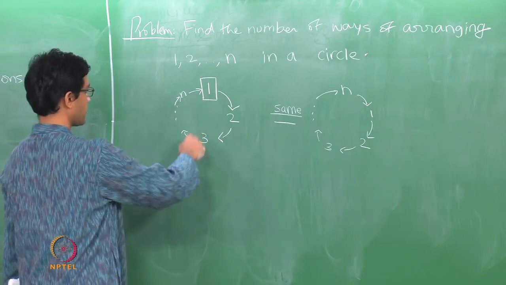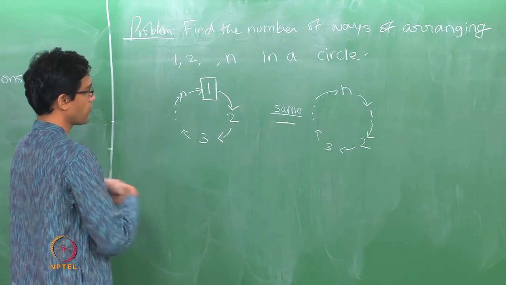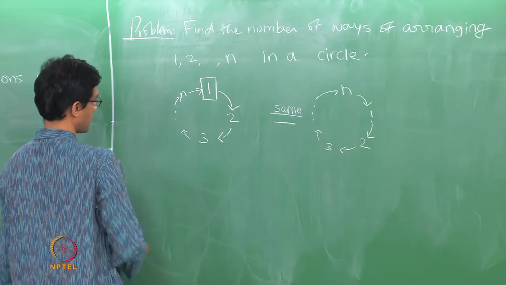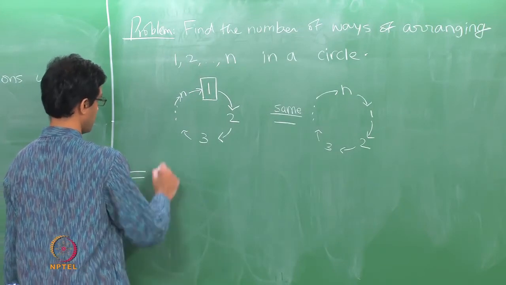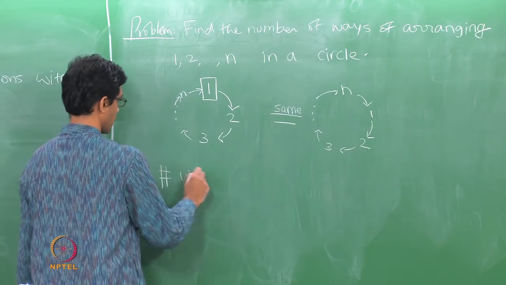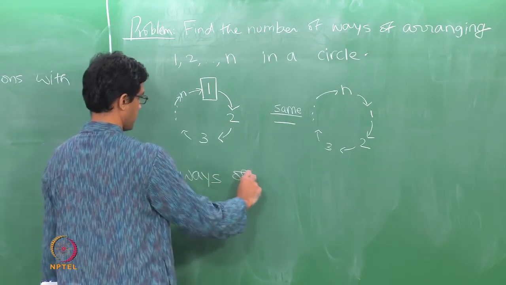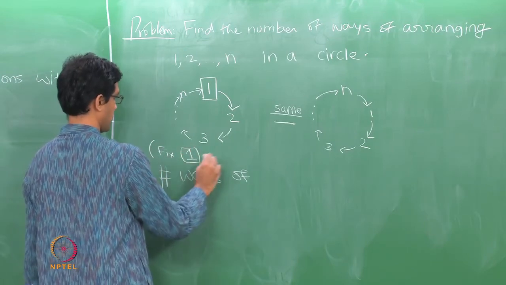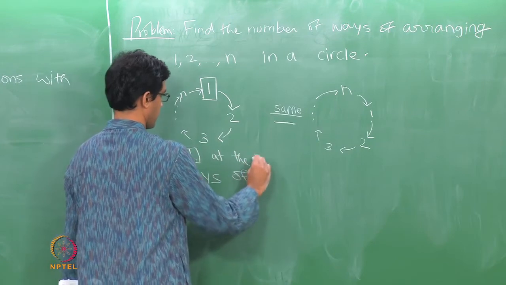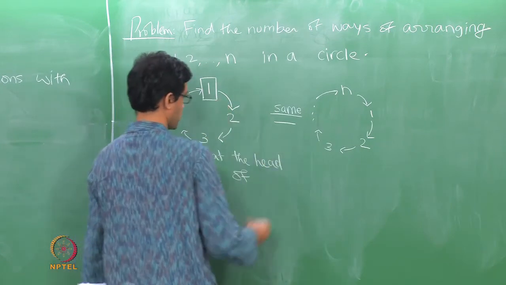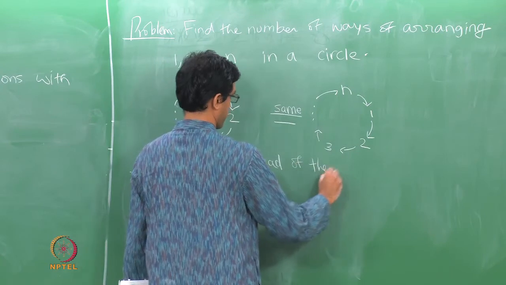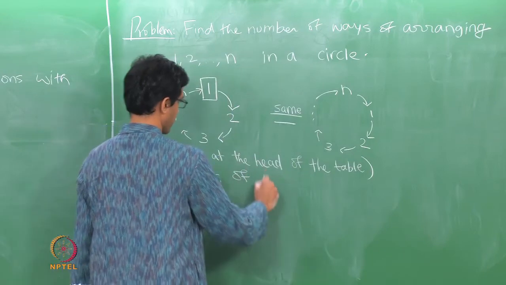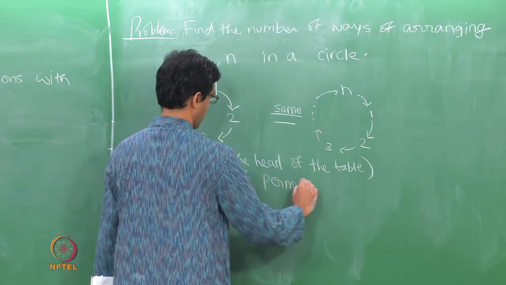Now once you have done that, the remaining n minus 1 numbers you permute in all possible ways. So the number of ways of arranging the numbers 1 to n in a circle is in fact equal to the number of ways of, so we do the following: we fix the number 1 at the head of the table, meaning in say this top position, and just count the number of ways of permuting the remaining n minus 1 numbers in all possible ways.